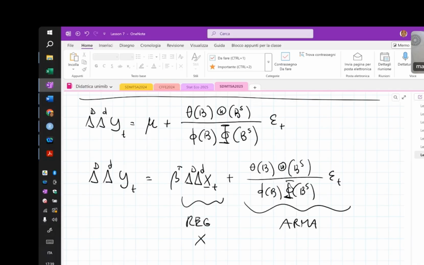So I think this is a good idea because it lets you always reason in terms of the level of the time series. Because usually we think about relationships between variables in terms of level. For example, we think that, I don't know, the GDP influences the employment rate. Actually not.